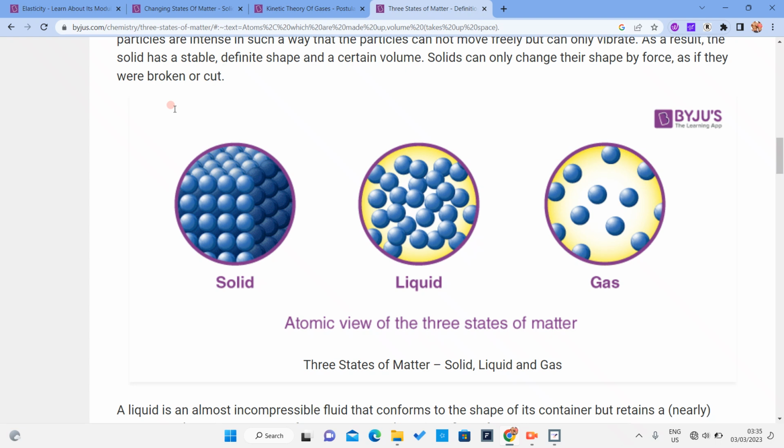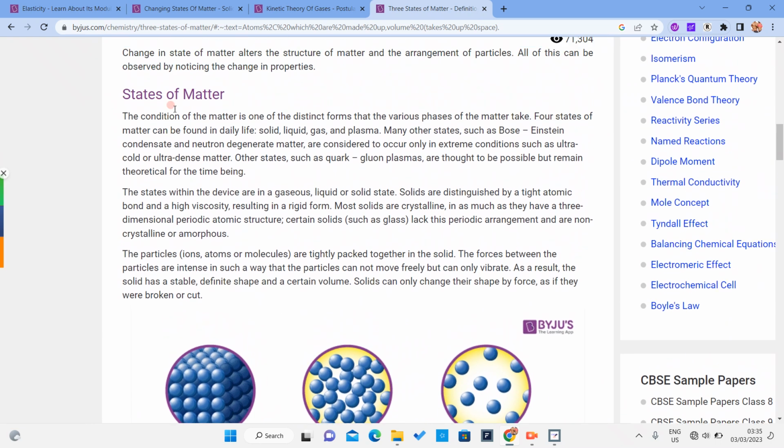Now, the tightly packedness should tell you something about what is holding them together. That means for the solid, the forces holding them together are very, very strong and significant. While for the liquid, the forces holding them together are strong, but not as strong as those of the solid. While for the gas, the force holding them together is negligible, really insignificant.